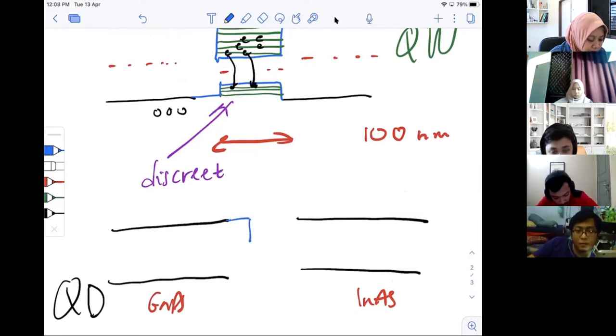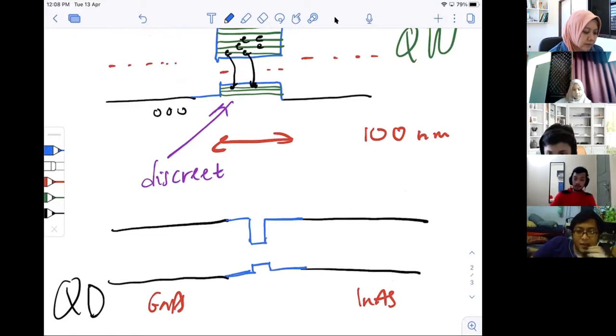Walaupun saya draw dia. Okay. Walaupun saya draw kat sini blue, tapi sebenarnya sebab dia same, ni same energy, ni semua sama, material sama je lagi. Kalau tak nak confuse macam ni lah.